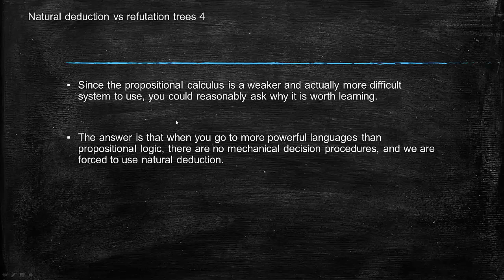And it's not that much better than natural deduction, maybe a little bit better. But later on, if you were to continue to study logic, you would find that there just aren't decision procedures for more complicated systems. And that's actually a very, very famous proof due to a philosopher logician named Gödel, that those decision procedures don't exist.